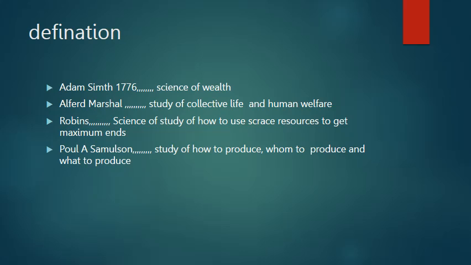After the publication of that book, economics got independent scholarship. The father of economics, Adam Smith, defined economics as the science of wealth. It means economics is the study of how to produce wealth, how to distribute wealth, and how to consume wealth. The focal point of economics was wealth, according to Adam Smith.